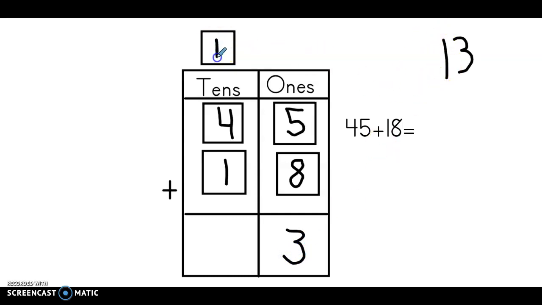So imagine those cubes being regrouped and moved over to the tens. And now I can add all the tens, and you just have to remember to add, if you've regrouped, 1 plus 4 equals 5, plus 1 more equals 6. So the answer to 45 plus 18 is 63. So that's a 2-digit plus a 2-digit number.